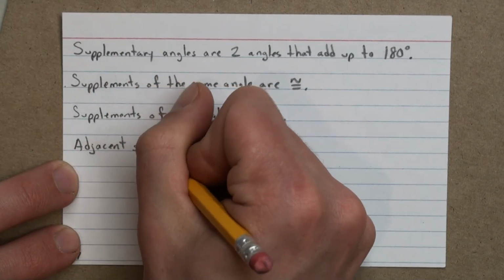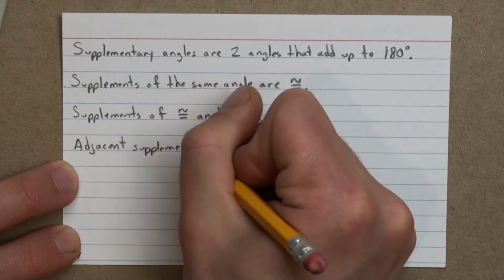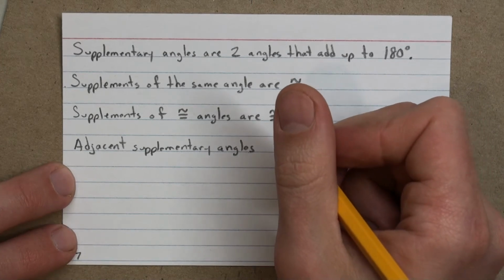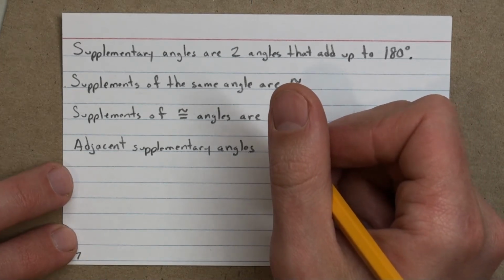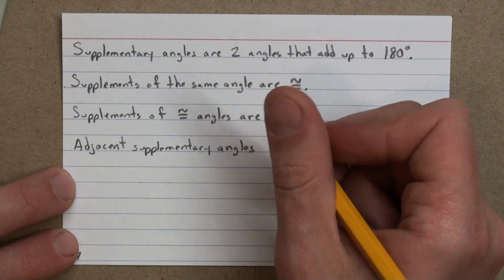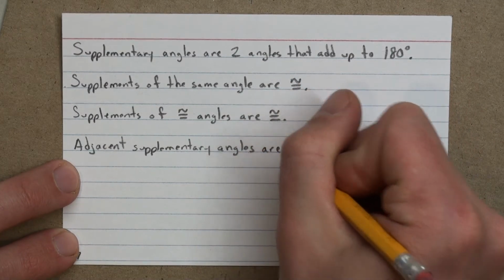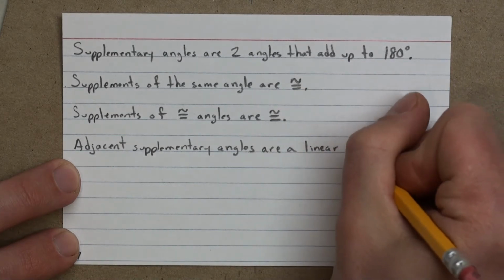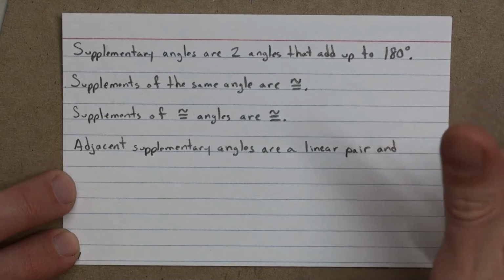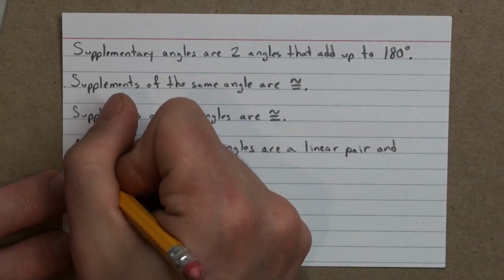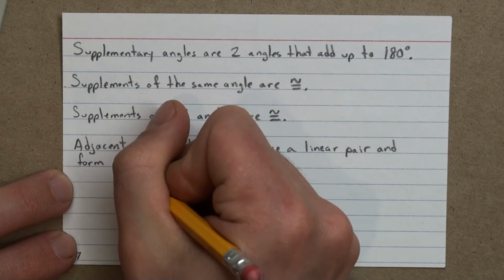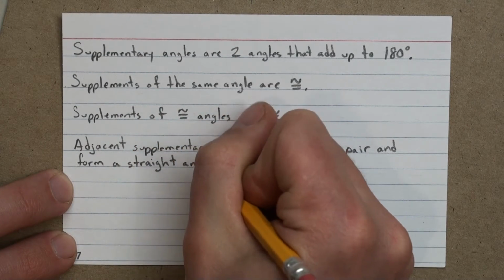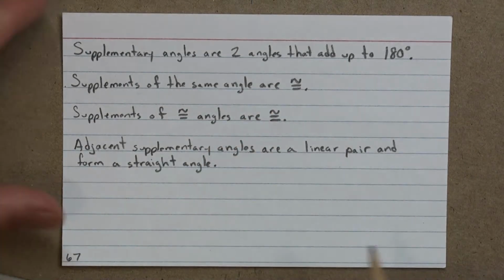Adjacent supplementary angles are a linear pair and form a straight angle. Alright, and we'll talk about linear pair next.